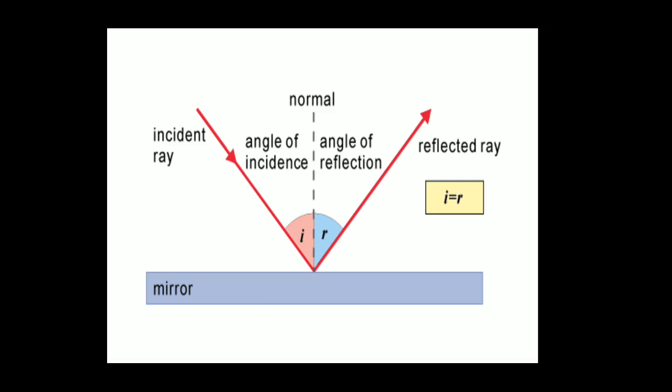So where does reflection take place? Reflection takes place everywhere, but on certain surfaces the reflection is more. The bouncing back is more. If you are playing with a small tennis ball or any rubber ball and throw it on a floor or on a wall, it bounces back well.